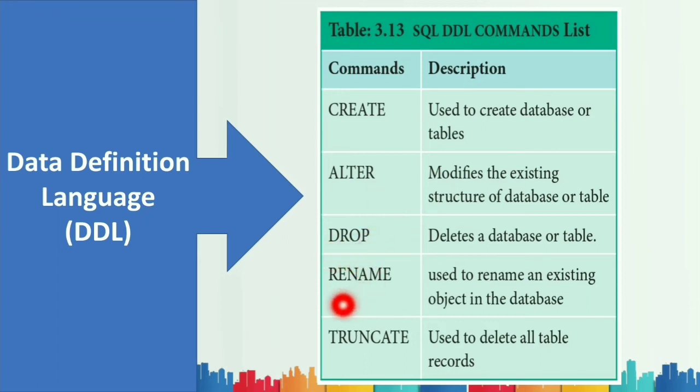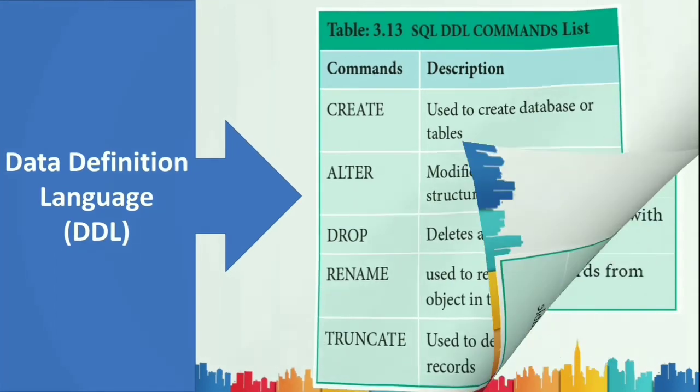If you want to rename any column name or the database, you have to use the rename command. And finally, the truncate command is used to delete all the records in the table. Remember, it will delete only the rows present in the table, not the structure of the table. The entire table will not be deleted.